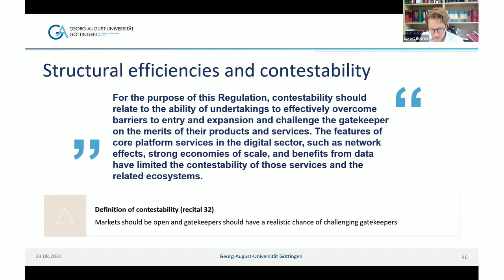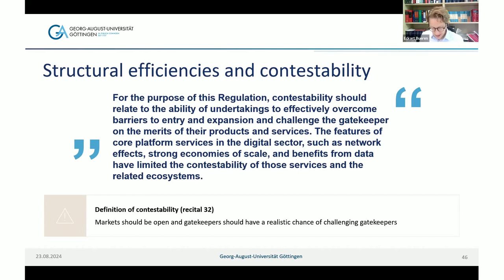So the DMA aims to protect contestability and fairness. It's generally a form-based approach, but we can ask whether there is a link between contestability and efficiencies. It appears consistent to take efficiencies into account that have an impact on the structure of the market and can therefore promote contestability.